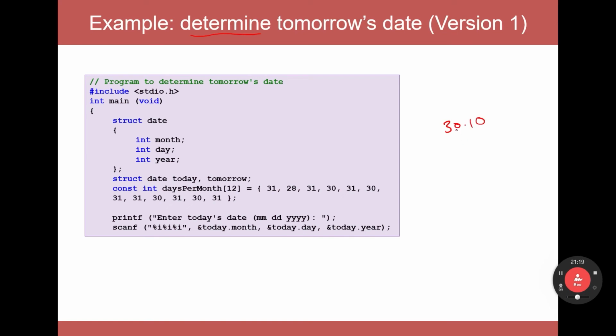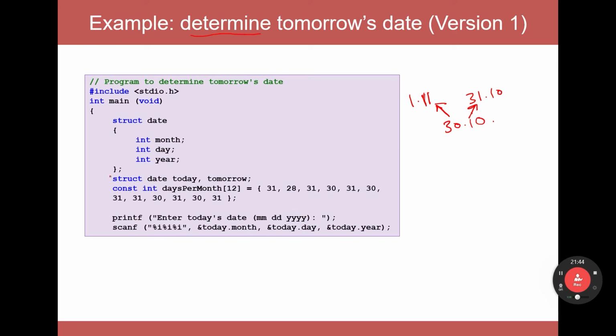In this case, how do we know what is the next day? The next day should be 31 of October, or it should be 1st of November, okay? Which one should be the next day? So this is what we will calculate. In this case, this is what the software will do. It will determine for me the date of tomorrow, okay?